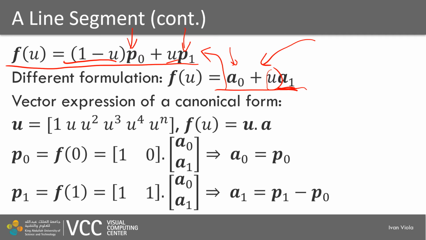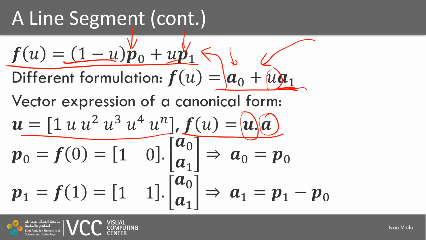But what we know is that our function f(u) can be expressed this way, as we see, where u is a vector of the various polynomial degrees of u, and the coefficients a, which is again a vector-valued coefficient, because for each coordinate it has a separate value.